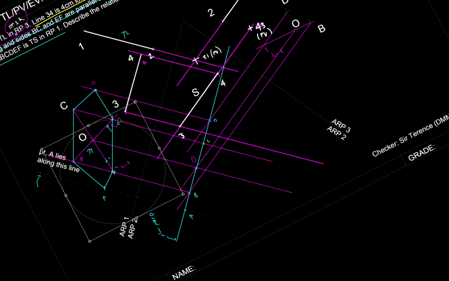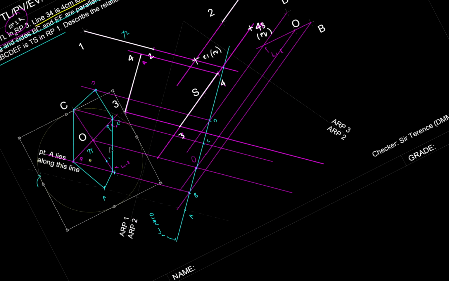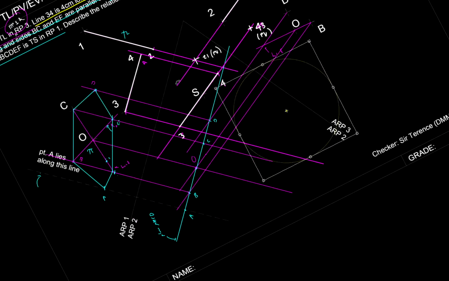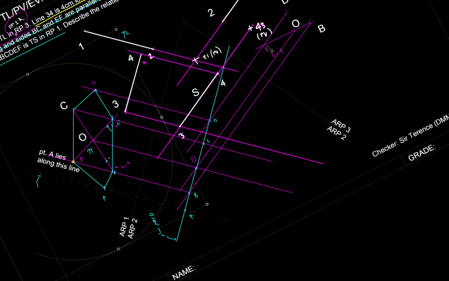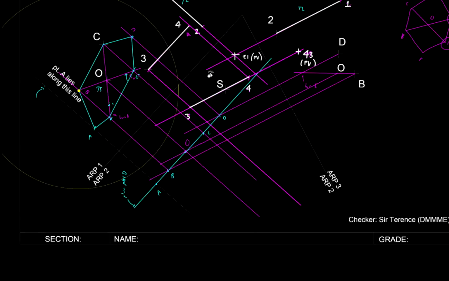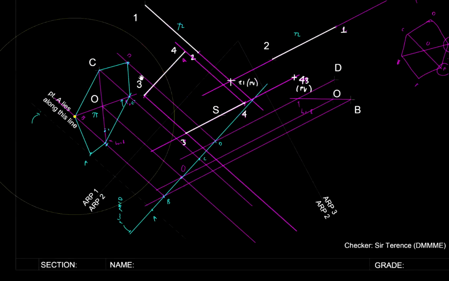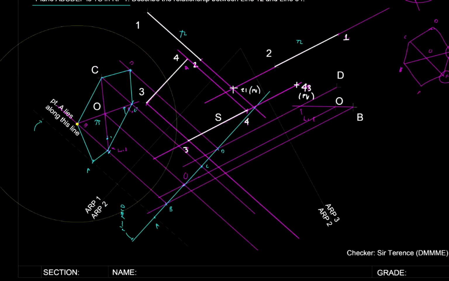So BC and EF are the same length. Okay? So, we figured out the true size. Ngayon, ang gagawin naman natin is i-complete na lang natin tong A, B, C, D, E, F. No? And let's label this as a final answer.